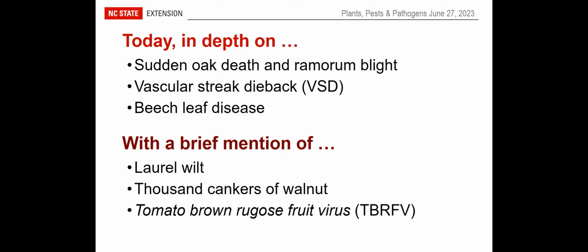As it turns out, those second and third diseases are ones that I, anyway, had kind of debated when the right moment was going to be to actually present this to the PPP audience, and well, today's the day. At the very end, I'll just make a real quick mention of three others that you may have heard about: laurel wilt, thousand cankers disease of walnut, and tomato brown rugose fruit virus.